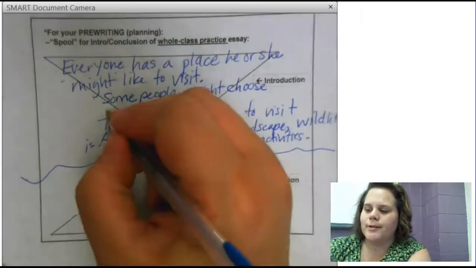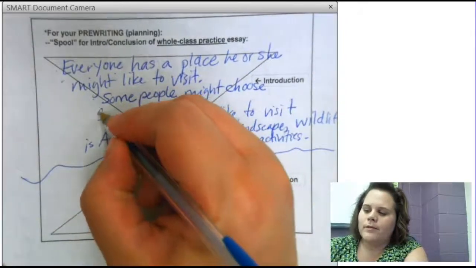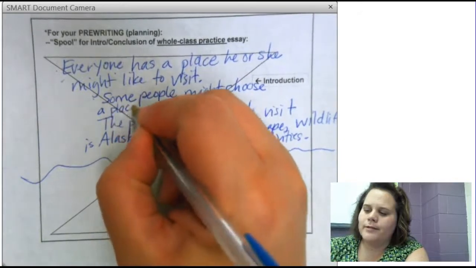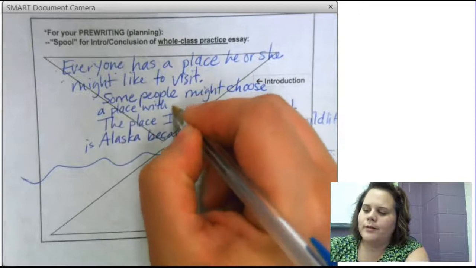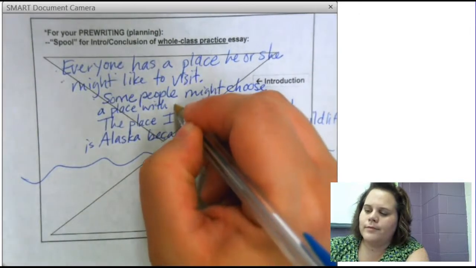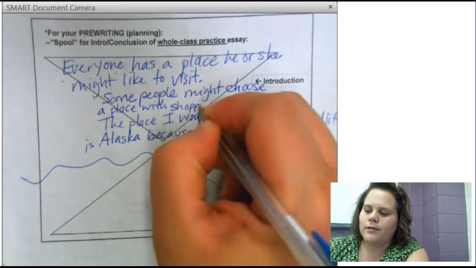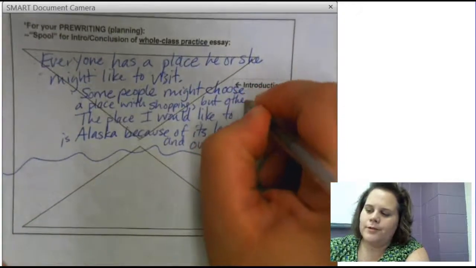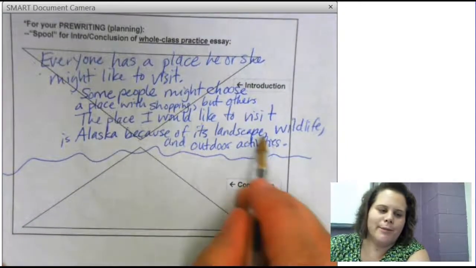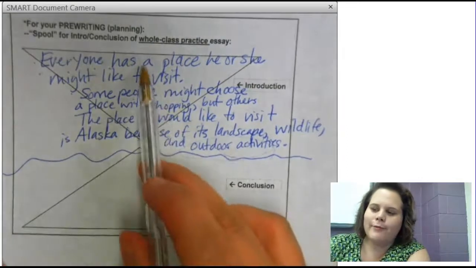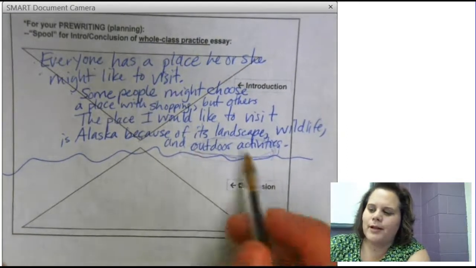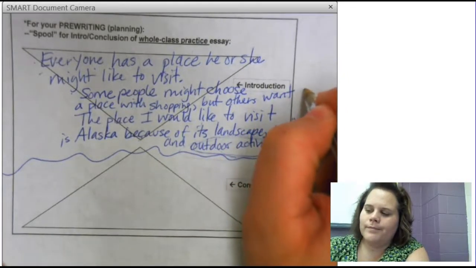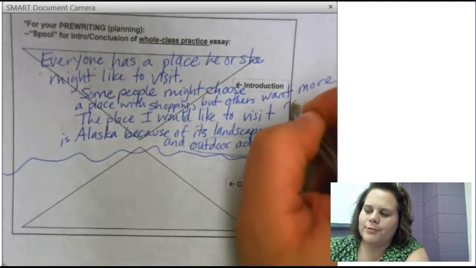Some people might choose a place with shopping, but others, and I'm kind of leading to this in my brain. I'm trying to think, how can I get from everybody to like, I'm kind of focused on the outdoors here. But others want more natural options.